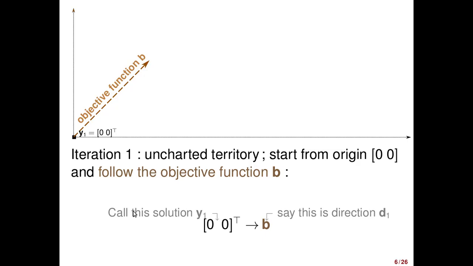Imagine I know nothing about my polytope or SDP feasible area. The best thing I can do is to start from some feasible solution. Let's say here is the origin to make things simple. And if you want, I project it to follow the direction of the objective function.